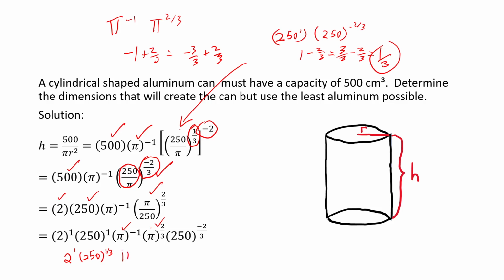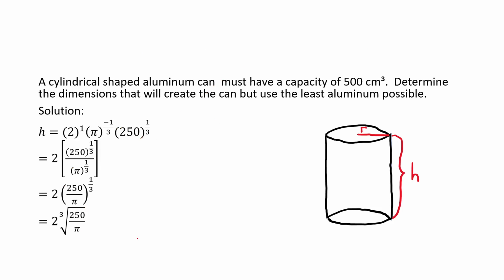So I've got a pi to the exponent negative 1/3. So once again, the 2 to the 1 stays. The 250 to the 1 times 250 to the negative 2/3 has become 250 to the exponent 1/3. And the pi to the negative 1 times pi to the 2/3 has become pi to the negative 1/3. And this is what we get in our next line.